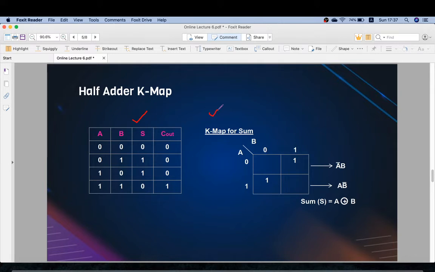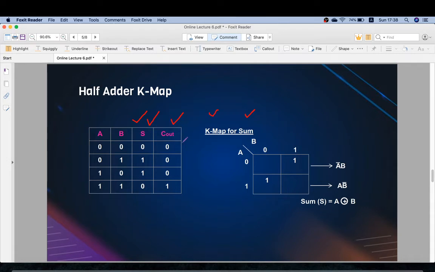Two K-maps will be needed. First of all, we will make the K-map for the output S, sum. The second K-map will be the carry K-map, that is C out. So let's start with the K-map for sum, S.